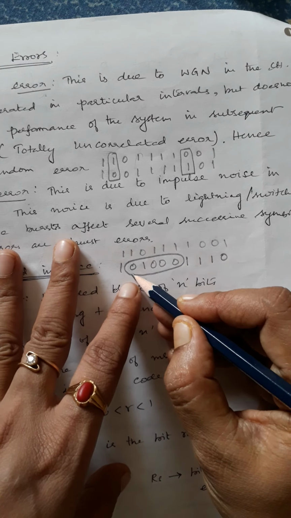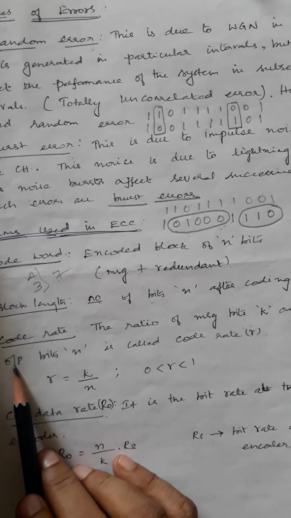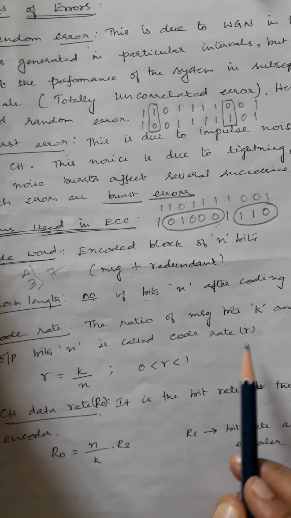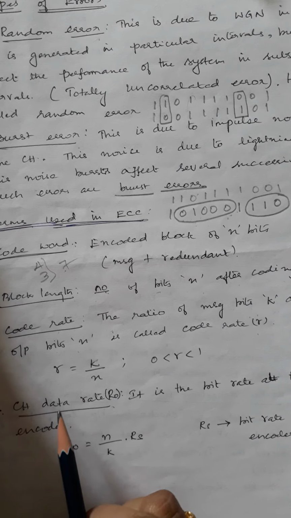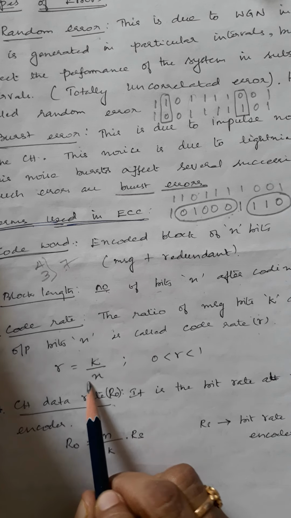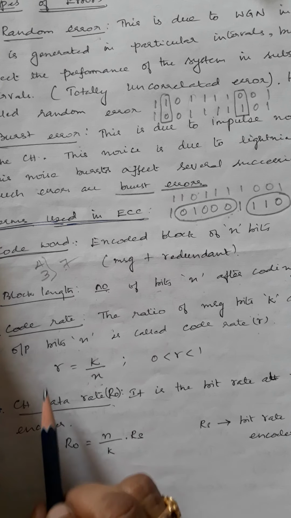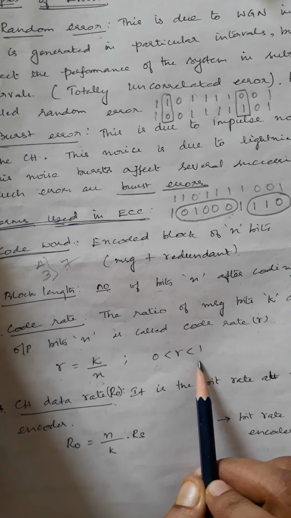Next is code rate. The ratio of the message bits k and encoded output bits n is called the code rate. You know k is the number of message bits and n is the size of the block code, or number of bits in one block. The ratio between these two will give you the code rate, where the rate lies between 0 and 1.